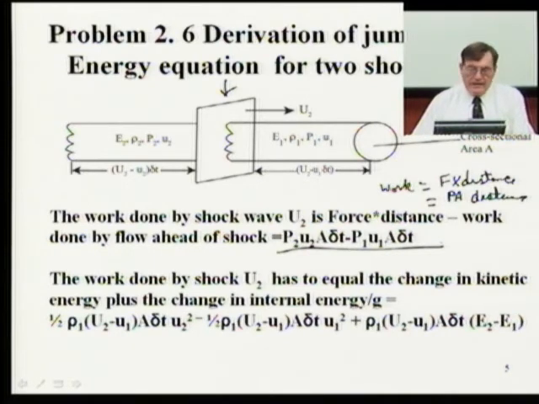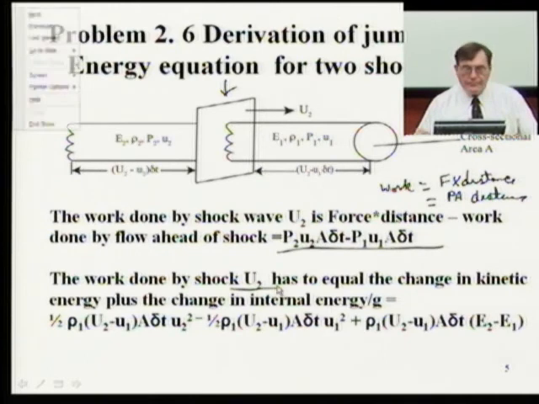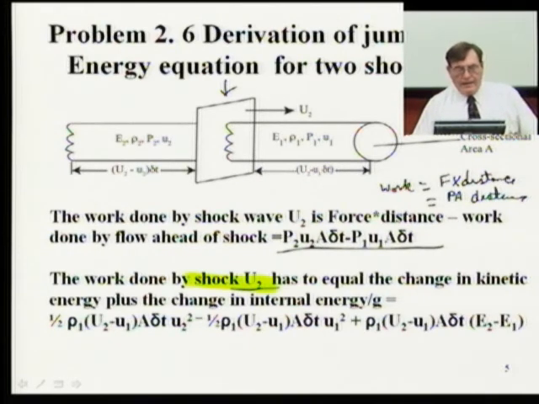So the work done by the shock U2, like I said, has to equal the kinetic energy, which is 1/2 mv squared, and the change in internal energy. And we define E as internal energy per gram. And we're actually going to solve for that.